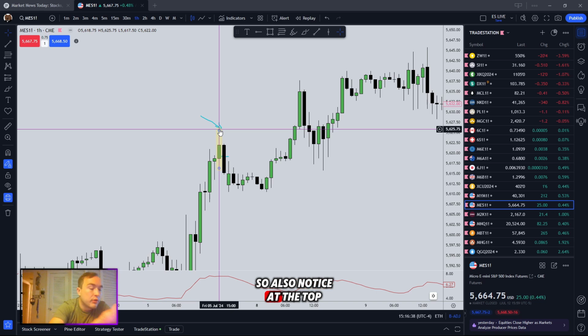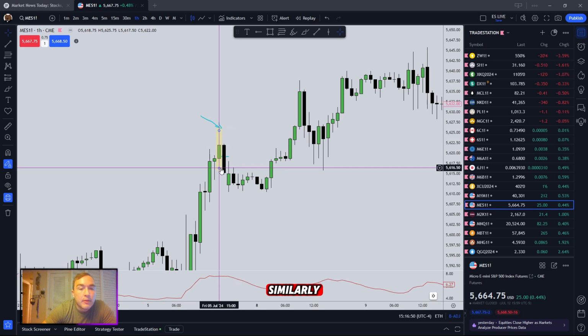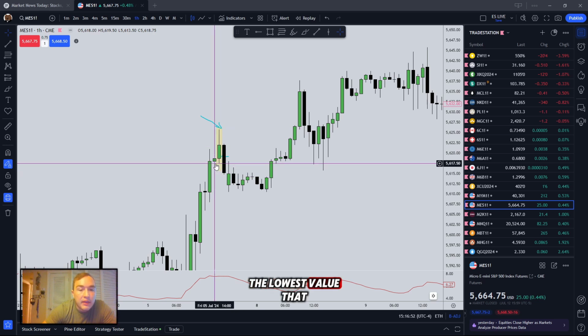And so also notice at the top left there, the H value is 5,625.75. That is the highest point that the market reached in that hour of trading. Okay, similarly, the lowest value that candle reached for that hour of trading was 5,617.50.